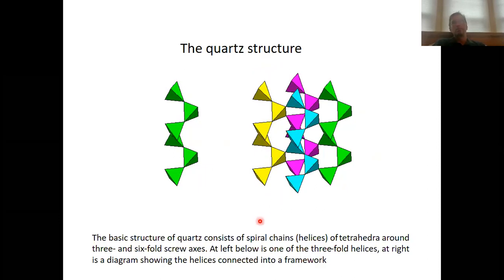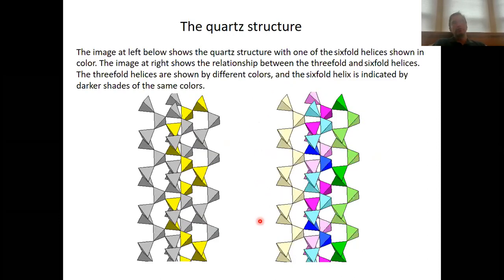Okay. So now, in addition to that, you also have 6-1 and or 6-5 screw axes, depending on which enantiomorphic form of silicon dioxide you are looking at. We have also discussed this previously in the class. So you see here the tetrahedra that belong to such a 6-fold screw axis, okay?